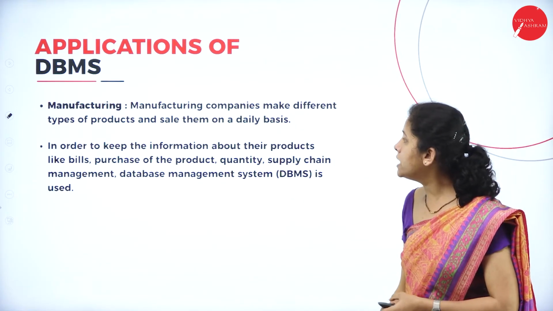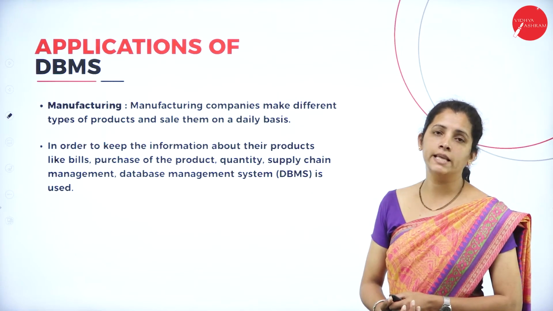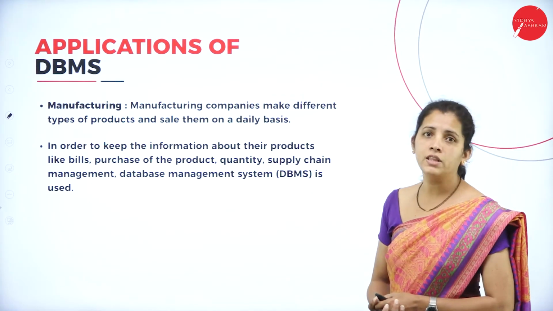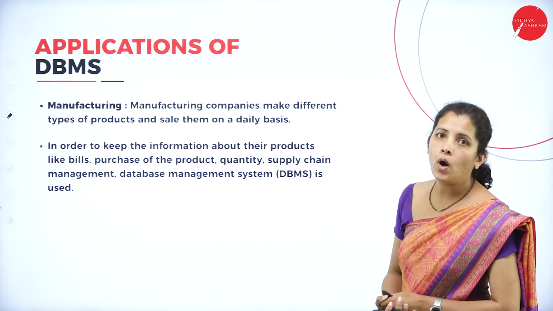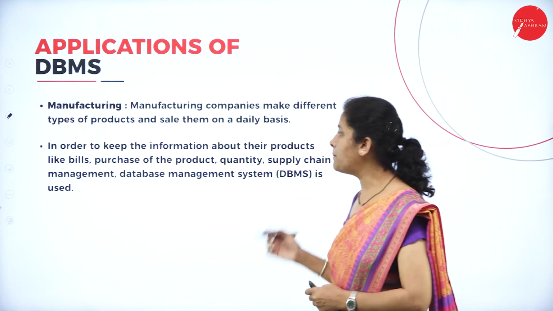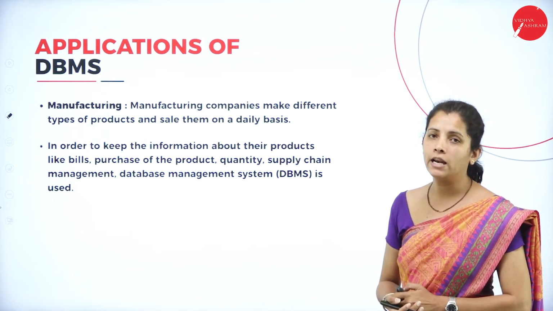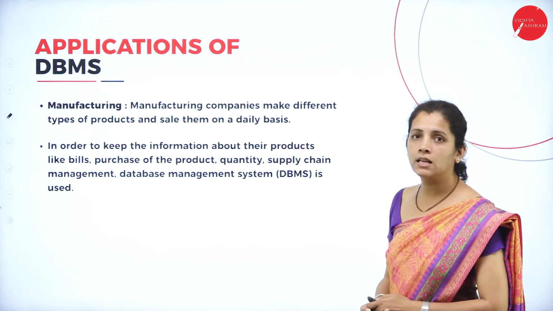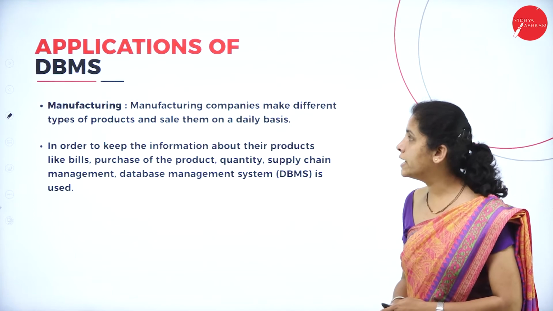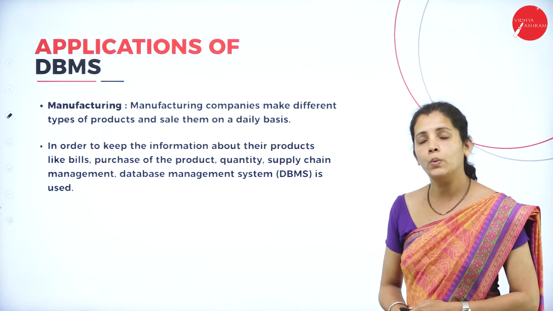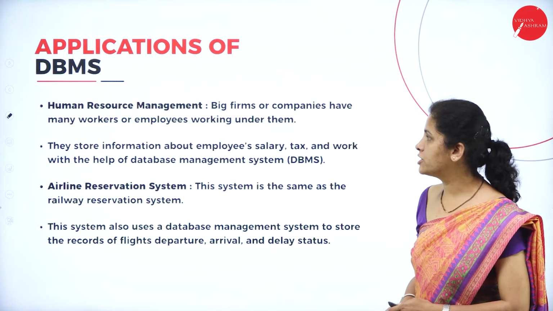In order to keep information about their products, purchase of the product, billing, quantity, as well as supply chain management, we are going to use database management system. These are some of the applications of database management system with respect to manufacturing.